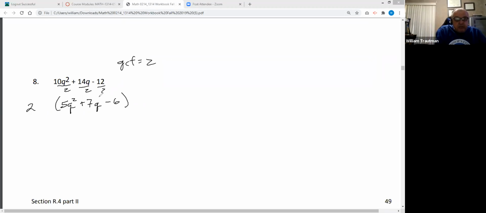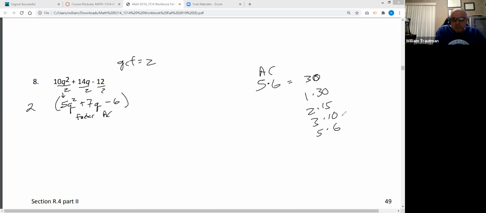So we are going to factor this using the AC method, because the number in front of Q squared is 5. AC: A is 5, C is 6. 5 times 6 is 30, so I have 1 times 30, 2 times 15, 3 times 10, and 5 times 6.